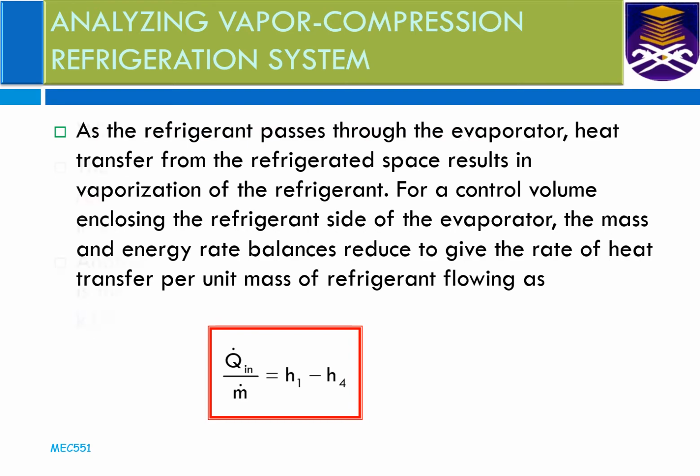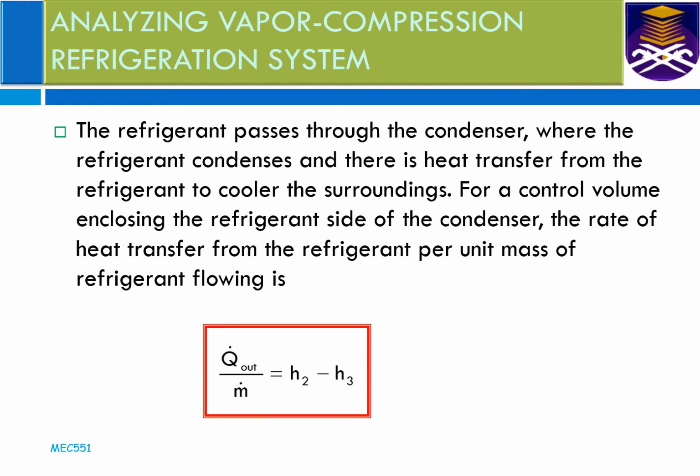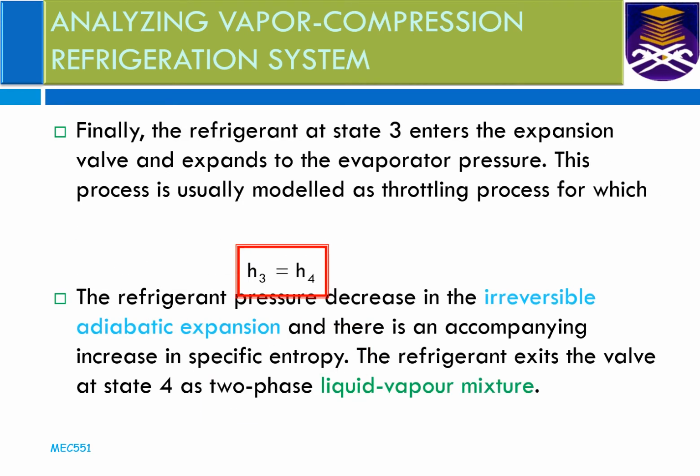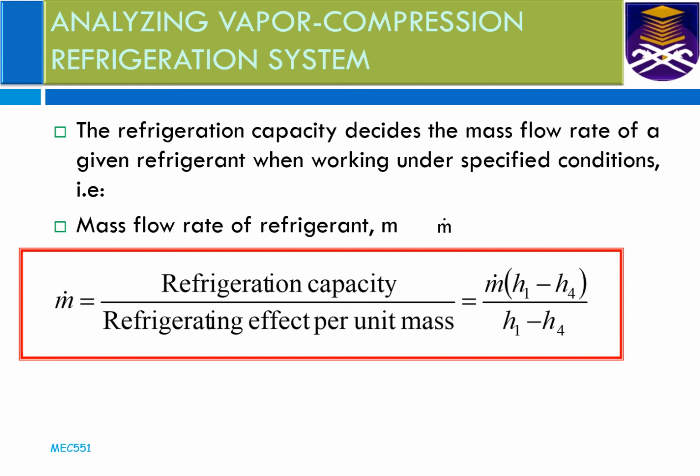This is the equation for the QR. This is at the throttling valve, the expansion valve. And this is the coefficient of performance for the refrigeration cycle, and this is the flow.